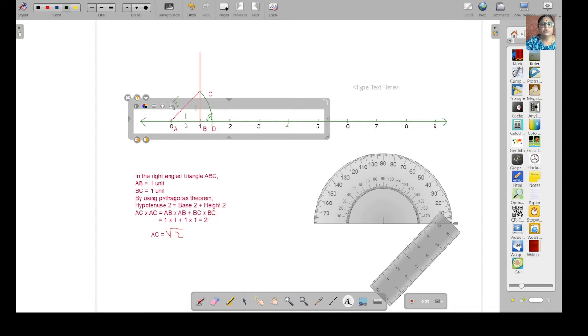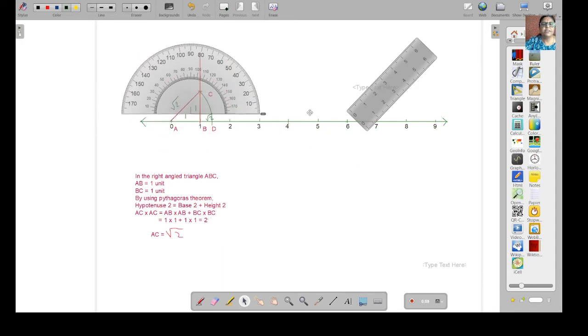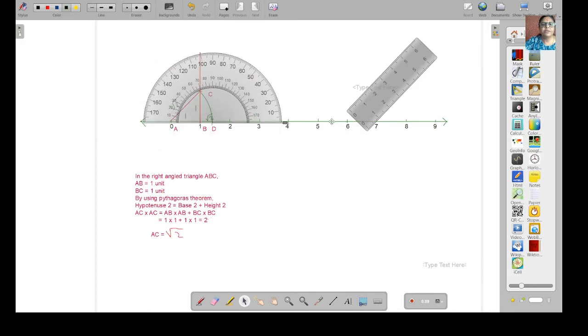So now AD is root 2 units, and you will draw a perpendicular line from AD. So take the protractor, keep the center of the protractor on D and draw 90 degree to D. So this is perpendicular to AD.